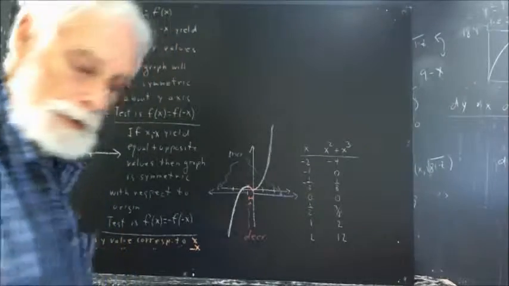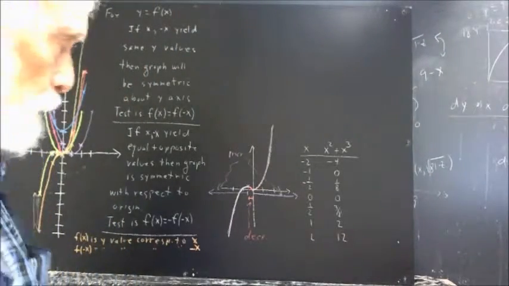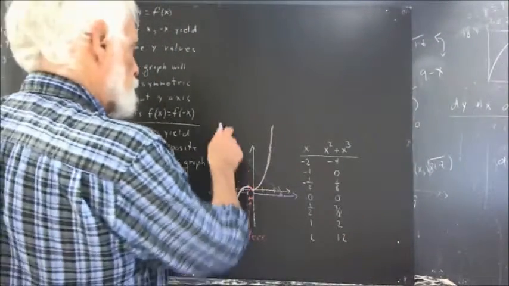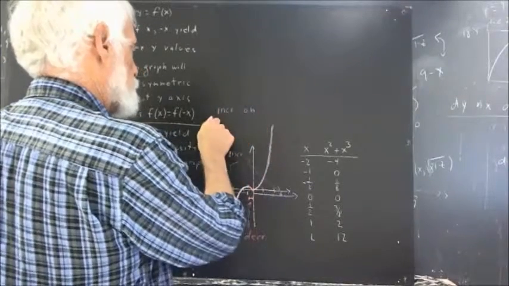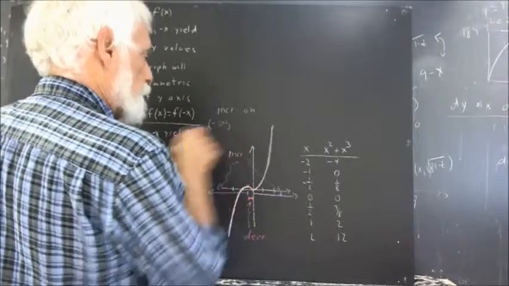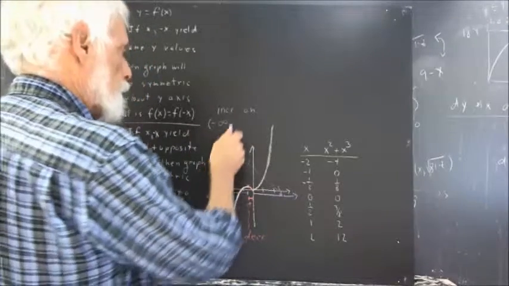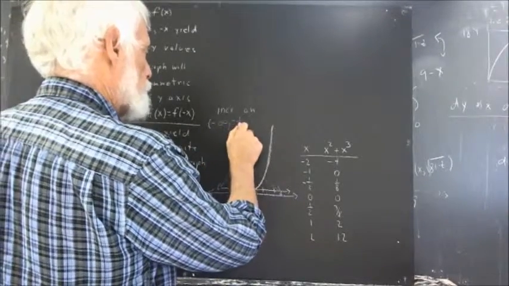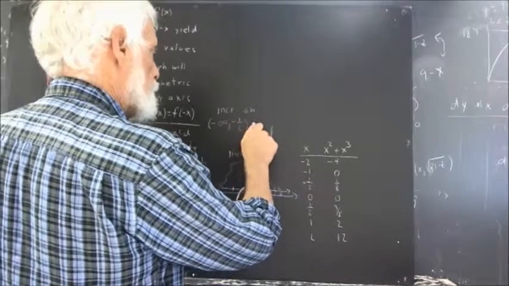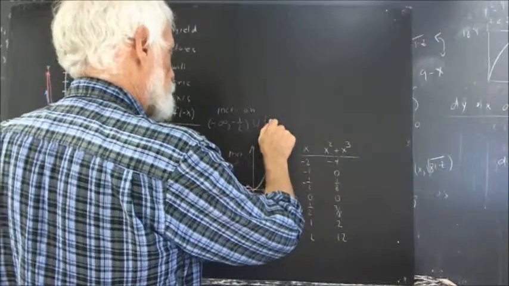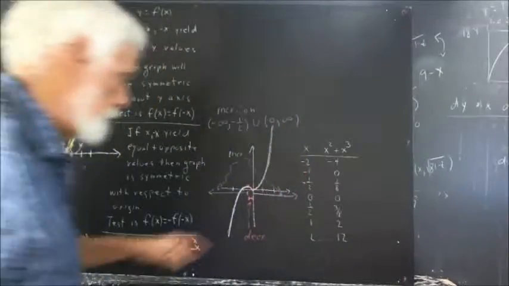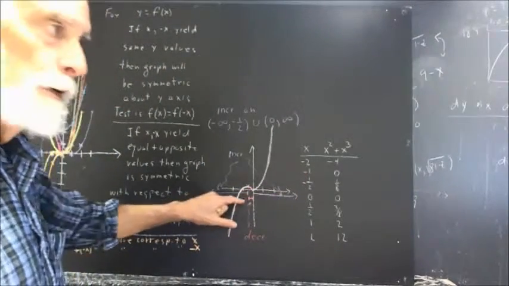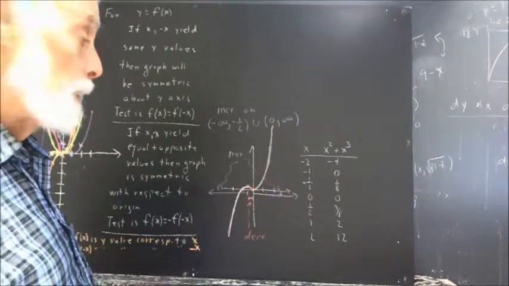So it appears that we're increasing on the interval from negative infinity to negative 1/2, union the interval from 0 to infinity, because those are the intervals that we've indicated by the purple arrows.